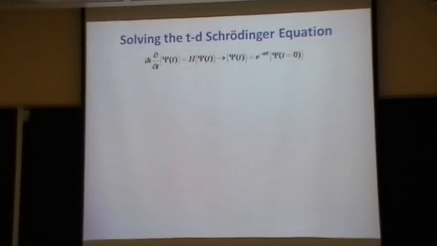So now let's focus on the problem of interest here, which is solving the time-dependent Schrödinger equation. We all know the time-dependent Schrödinger equation. In principle, if we knew the basis, we could solve it exactly.